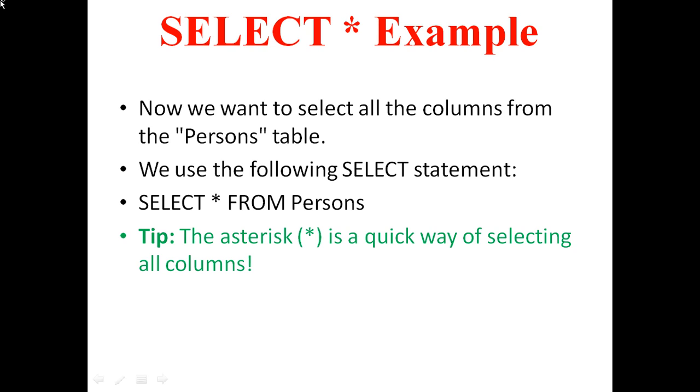Select star. For example, we have thousands of columns of data, for example of a student, right? We cannot write thousands of column names. That's why we have another option, star. We can use star to select all columns.